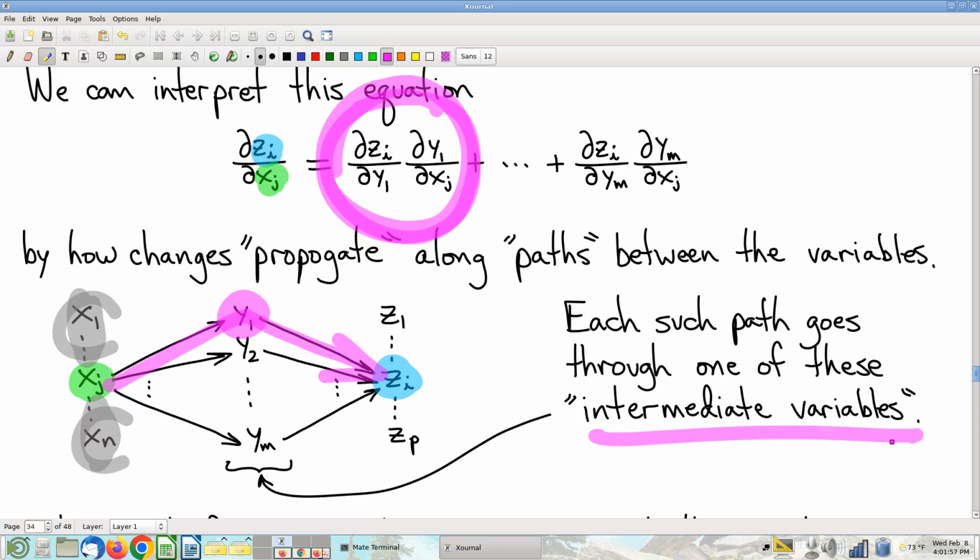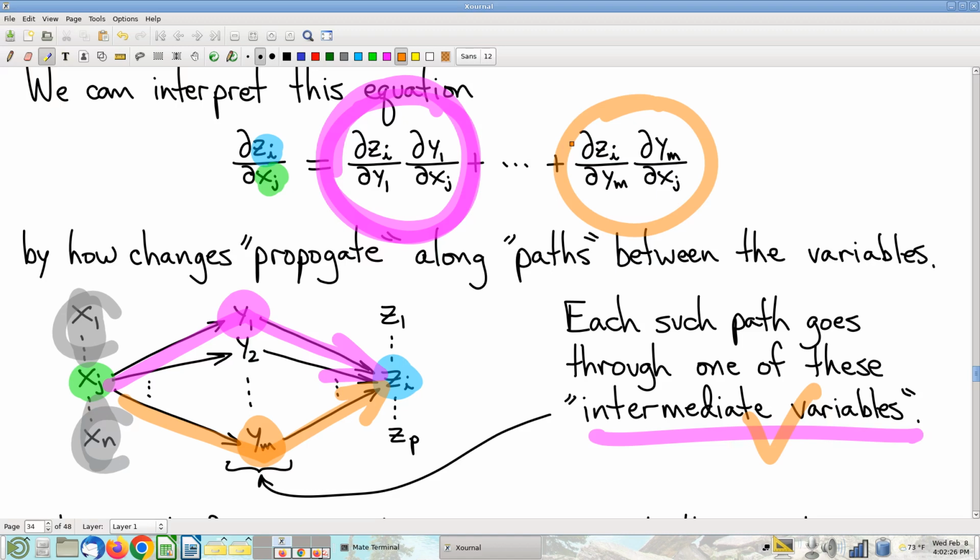And then of course there are several other intermediate variables. y2 is also an intermediate variable, and there is a y2 term in here that I didn't write down for lack of space. And there's a y3 path and a y3 term, et cetera, and then finally there is a ym path corresponding to the ym intermediate variable, and this is the ym term.